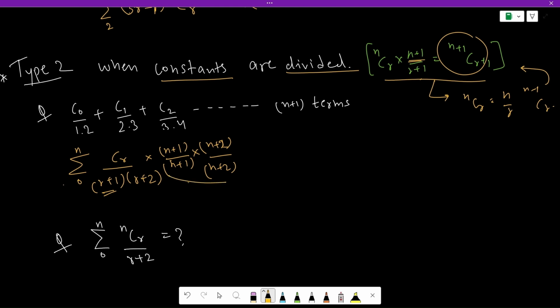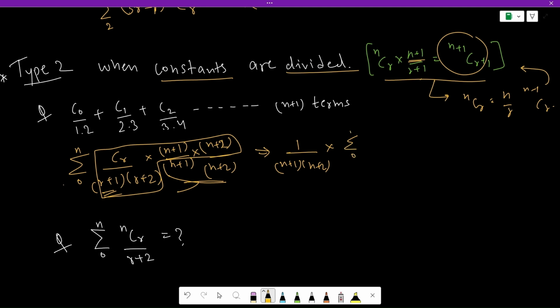Now these are constants and we can put them out of the summation, and we will combine this part. So after combining it 2 times we will get 1 by (n plus 1) into (n plus 2) into summation 0 to n, n plus 2 C r plus 2.